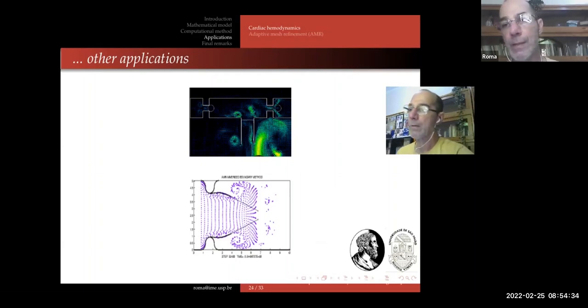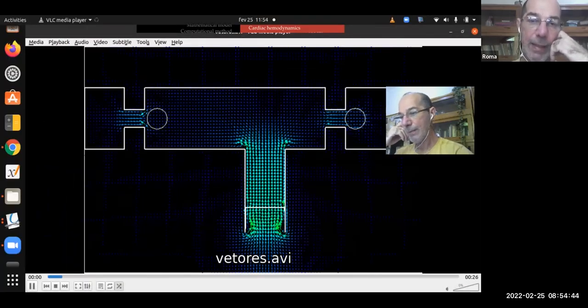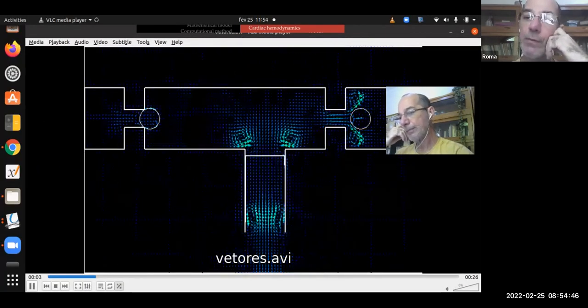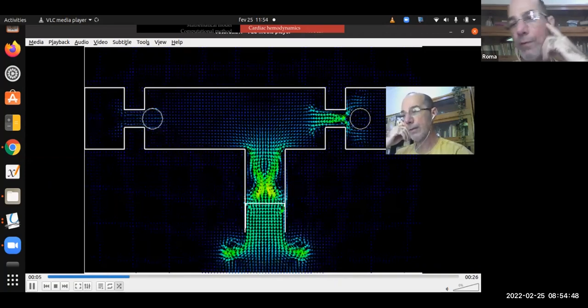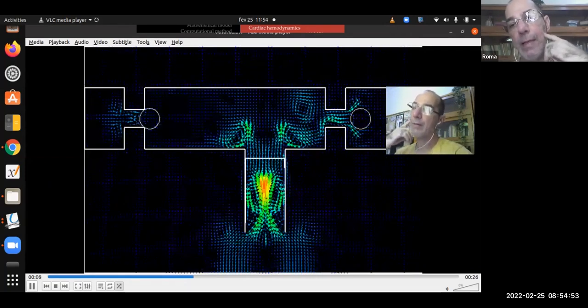These are some simple things that I did with my students a while ago. This is, for example, channels with ball valves, and you have a piston over here, up and down.